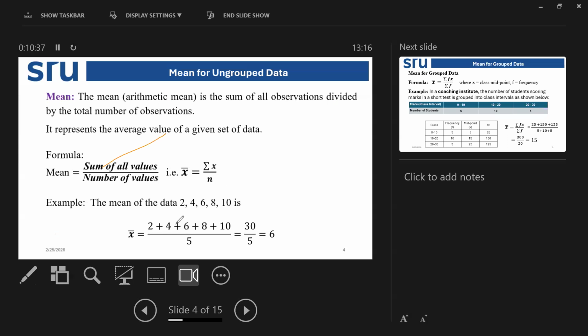So whatever you have, add all of them. Suppose these are the data that you have: 2 plus 4 plus 6 plus 8 plus 10. How many are there? 5. So the denominator will be 5. All the numbers will be added there. Okay.